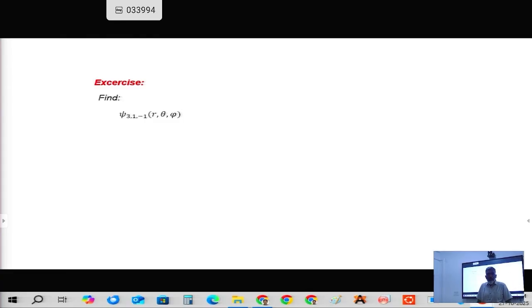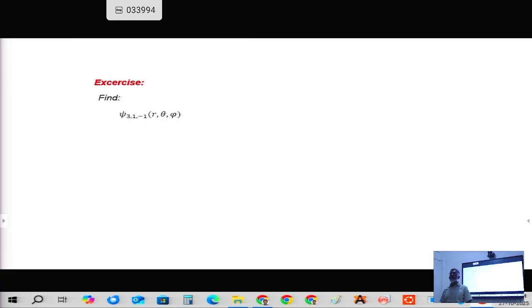To solve the simple hydrogen atom problem using quantum mechanics, you can see how lengthy and complicated it can be, but you can solve it exactly and get it. But the question is, have you actually solved it completely? The answer is no. This is only the beginning of the hydrogen atom.